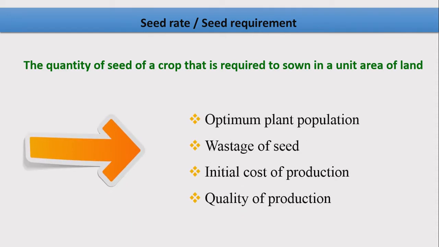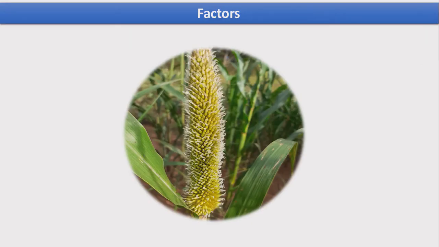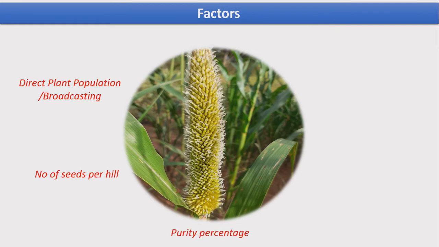It is important to have optimum plant population, to avoid wastage of seed, to decrease the initial cost of production for the farmers and to have quality production. The seed rate also depends on many factors, like whether it is directly planted or the broadcasting method, number of seeds per hill or number of seedlings per hill, purity percentage, weight of the seeds and germination percentage. All these factors have to be kept in mind while calculating the seed rate. Let's see how to calculate it.